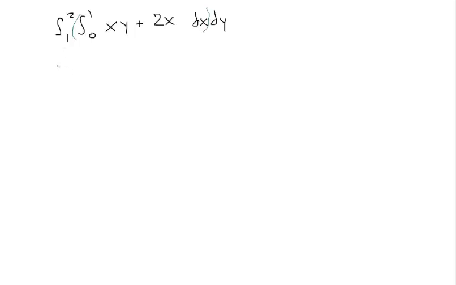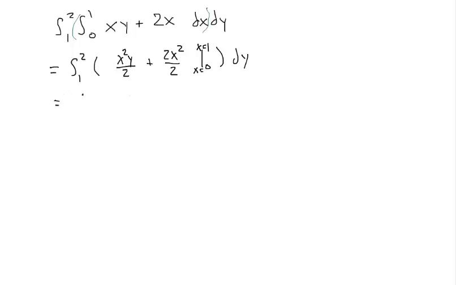Now when we evaluate the inner integral, we have from 1 to 2 for the outer, and we're doing it with respect to x, so we have x squared y divided by 2 plus 2x squared divided by 2, evaluated from 0 to 1, dy. Again, it's helpful to write which variable we're plugging this into, so the x variable.